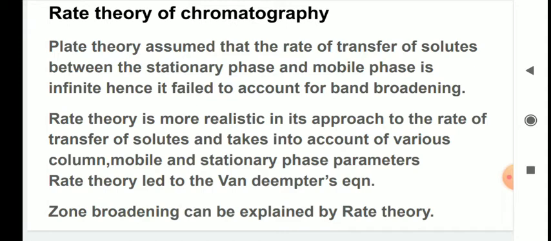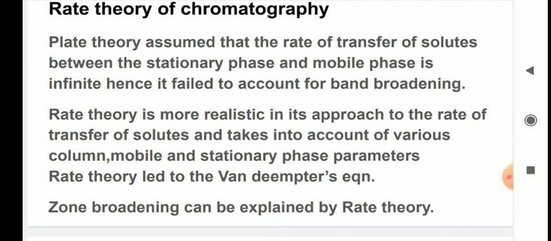This was the equation given by Van Deemter, and it relates the plate height to the various column parameters, mobile phase parameters, stationary phase parameters, and so on. Zone broadening can be explained by rate theory. The plate theory which was given earlier is not able to explain zone broadening.